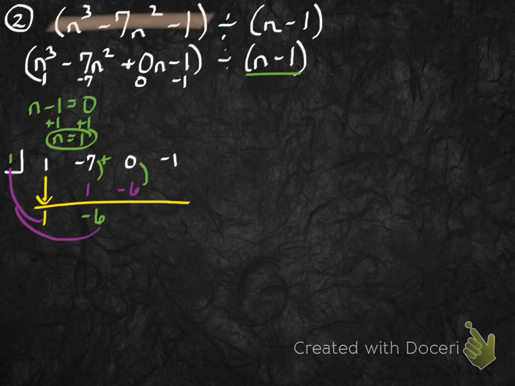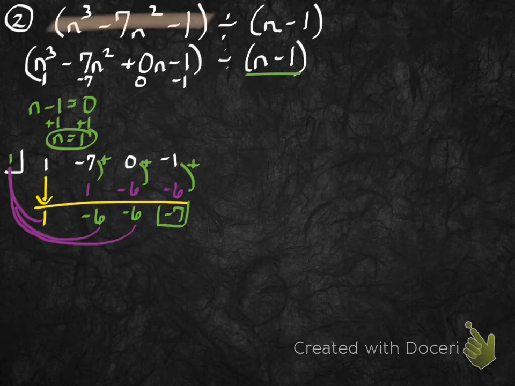Then add, giving me negative 6. Then multiply it, giving me negative 6. Then add one last time, give me negative 7. Remember, the last thing we get, the last number, whether it's a 0 or a number, that's your remainder.